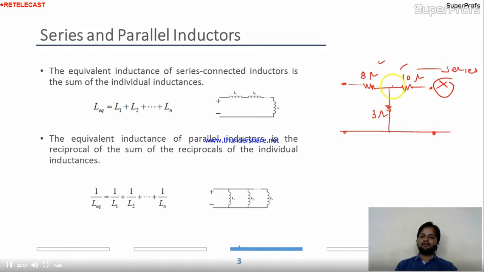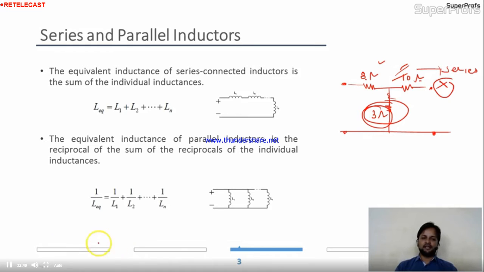Why? Because in between them another branch is connected. If this 3 ohm resistance is not here, then I can say 8 ohm and 10 ohm are connected in series combination. But at this moment, I can't say they are connected in series, neither in parallel. Is it okay? So don't make these mistakes, because mostly people make this mistake in the exam.